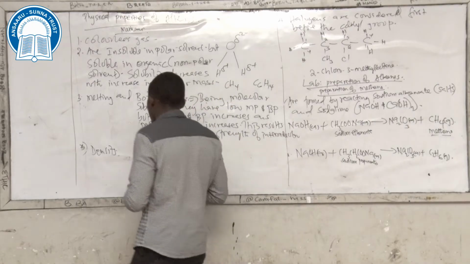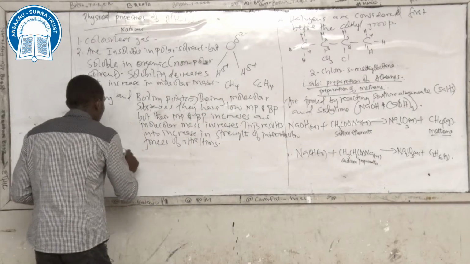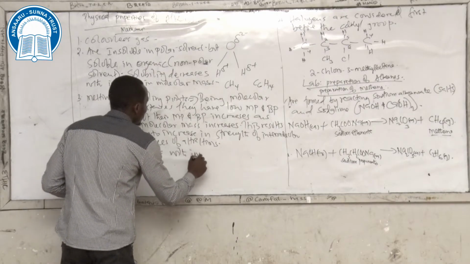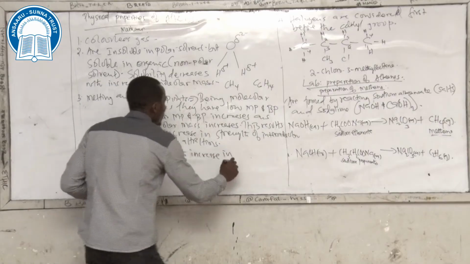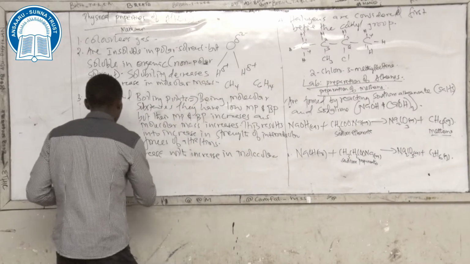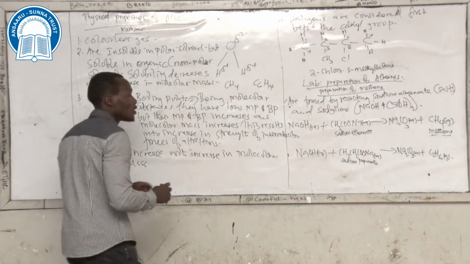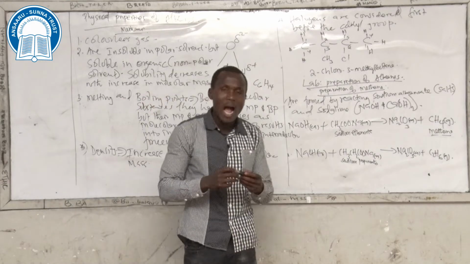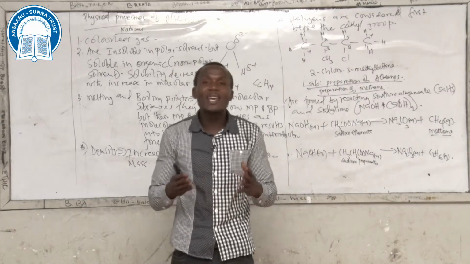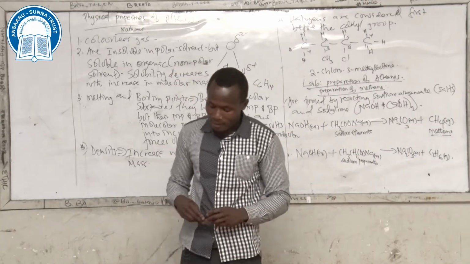So we say density increases with increase in molecular mass. So as the molecular mass increases, the density in alkanes also increases.